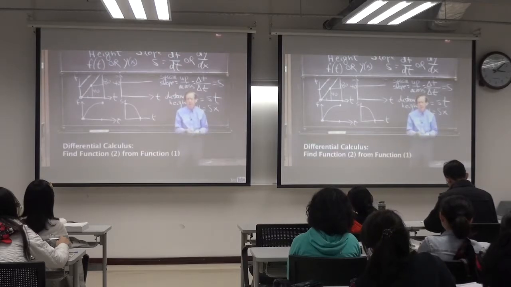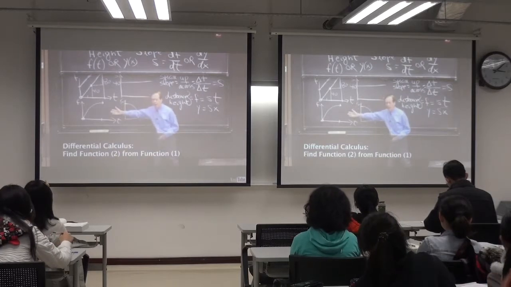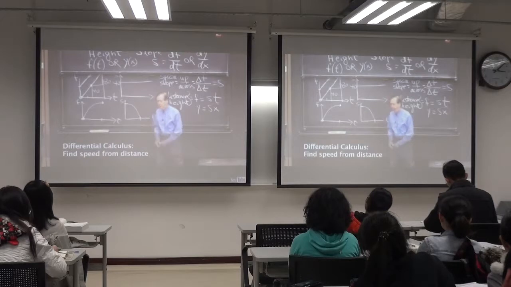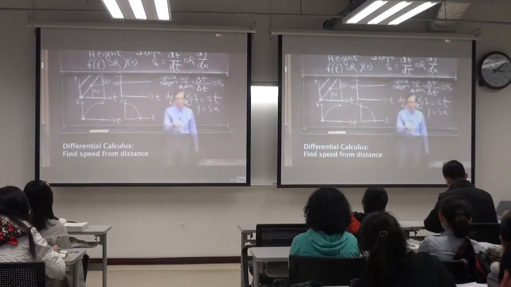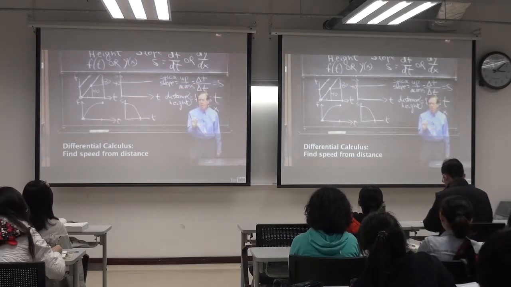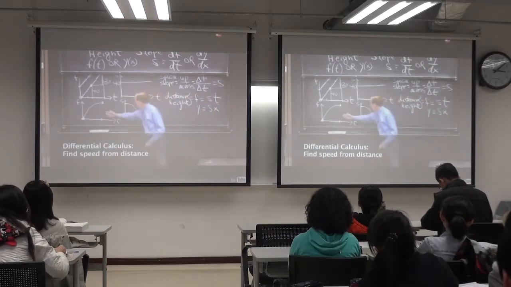So calculus has the job of, given one of those functions, find the other one. Given this function, find that one. This way, from function 1 to function 2, is called differential calculus. Big, impressive word, isn't it? That's function 1 to 2.